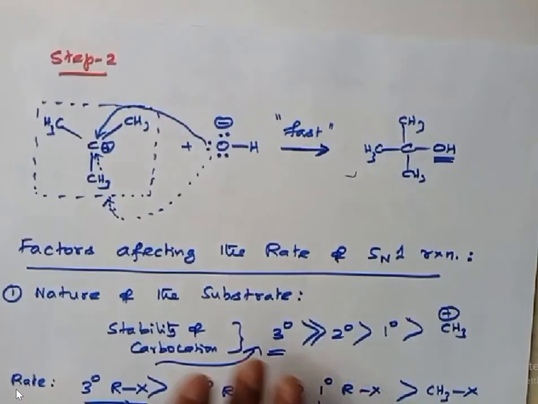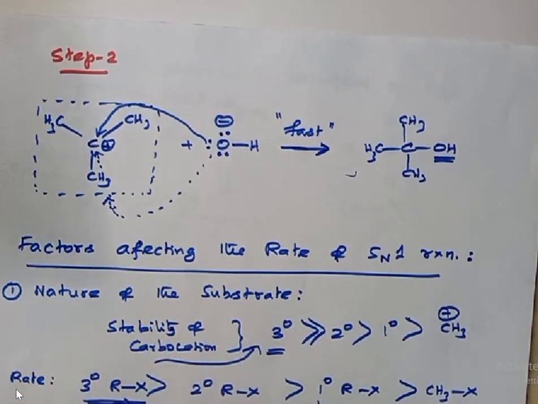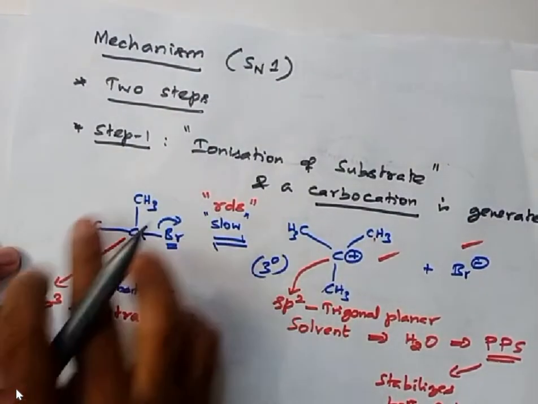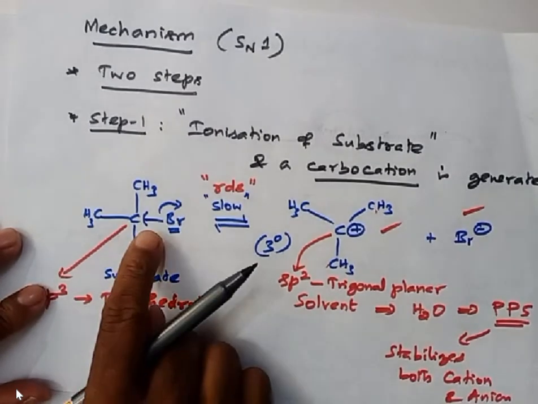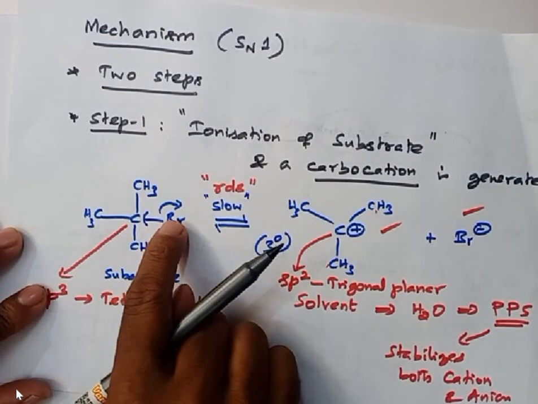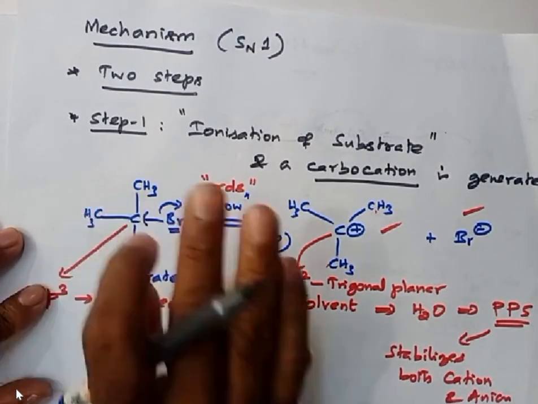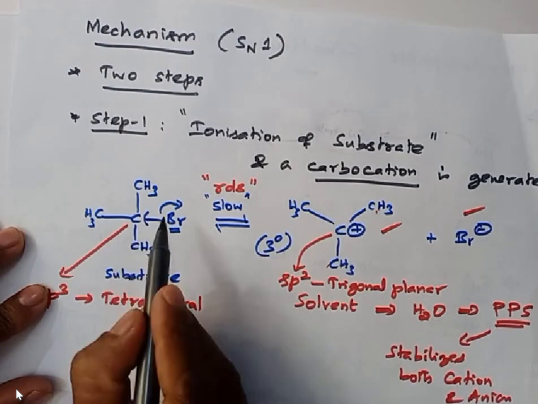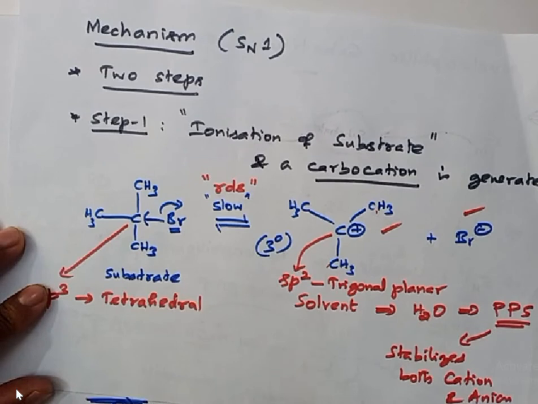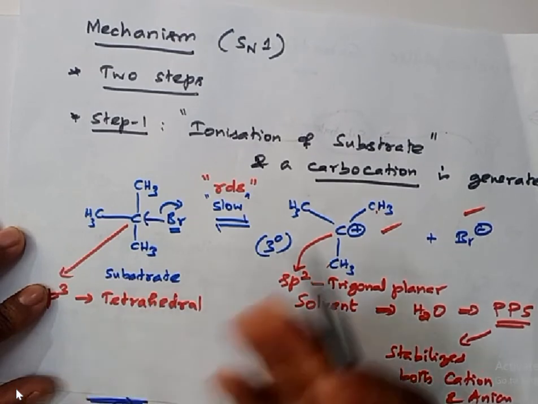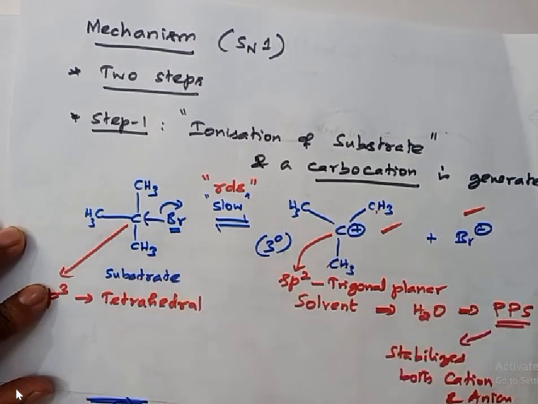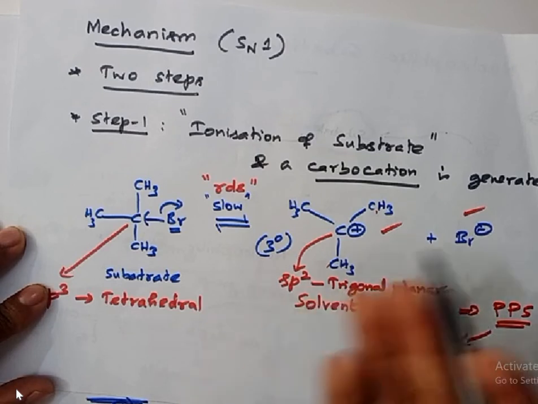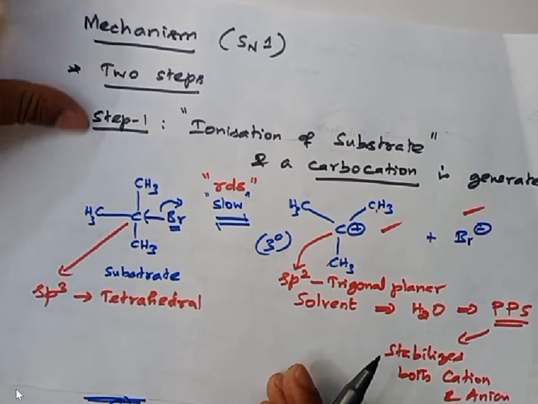Now students, if you observe carefully, if this is your substrate, the halogen or the leaving group should come out readily. So the nature of the leaving group also decides. If you have a better leaving group, it comes out quickly and you will get the carbocation readily.